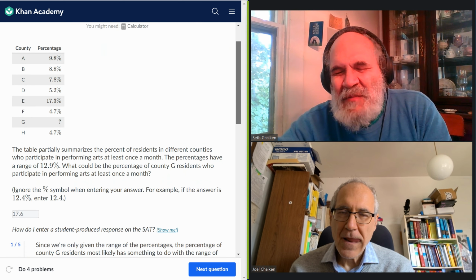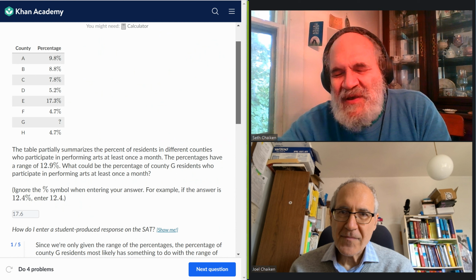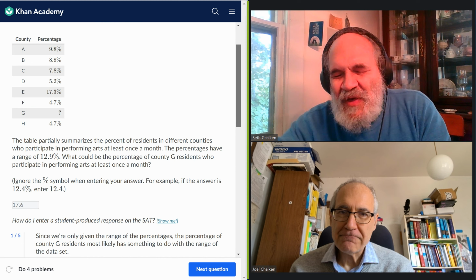They gave you a range that was bigger than the range among the numbers they give you. And so G must be one of the percentages that's on the boundary of the range. And then you figure that out.